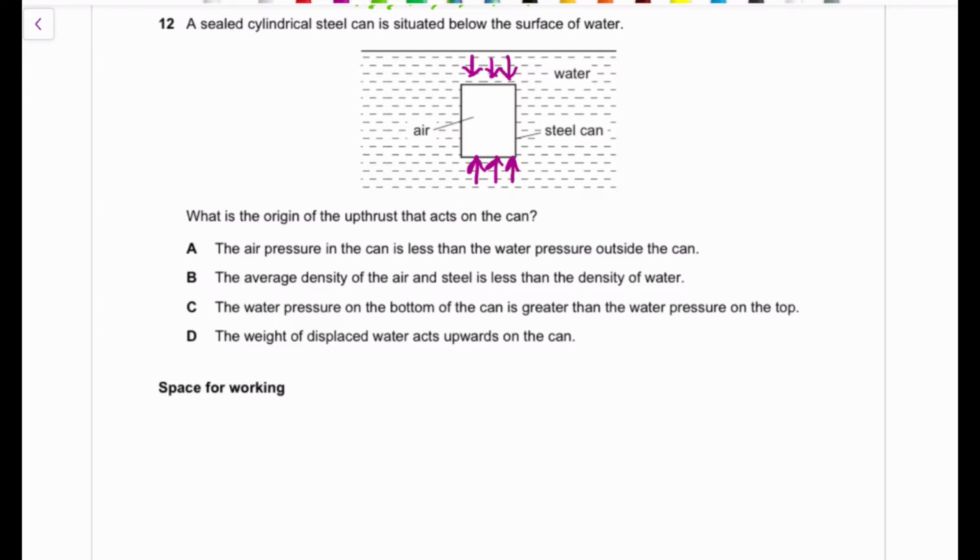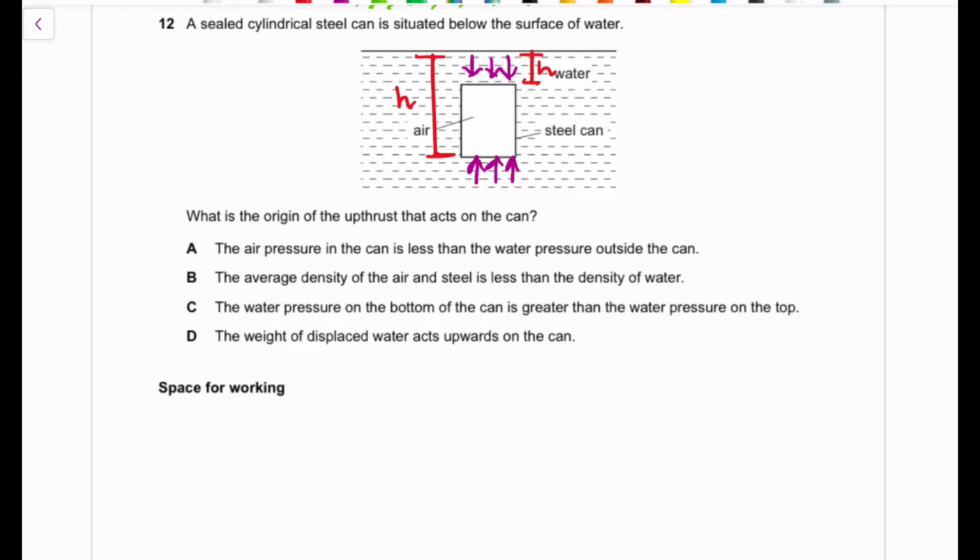Why? Simply because at the bottom, we have a greater depth of water. So we literally have this whole thing as the depth of water, something like this, as compared to here, where we only have this as our depth of water. So basically, sorry, the pressure is going to be greater at the bottom than at the top.